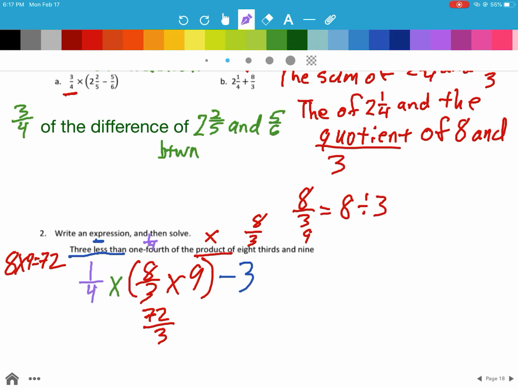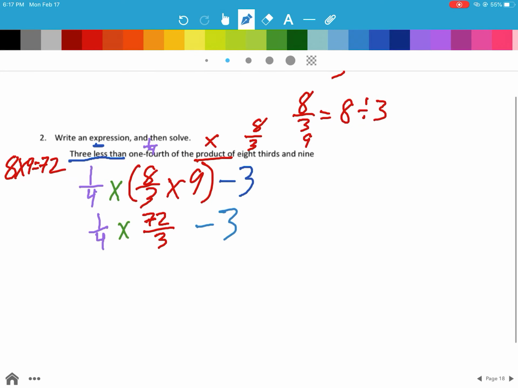So we have 1/4 of 72 thirds. Okay, now I can cross cancel if I want, but most of you won't know how to do that. So, and after that, we're going to minus the 3.